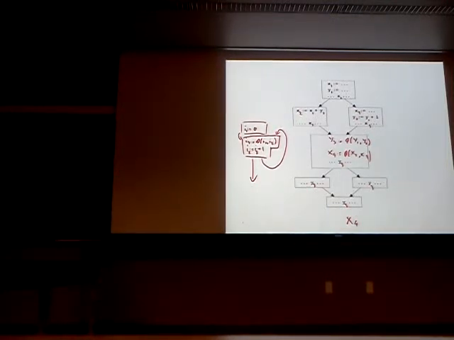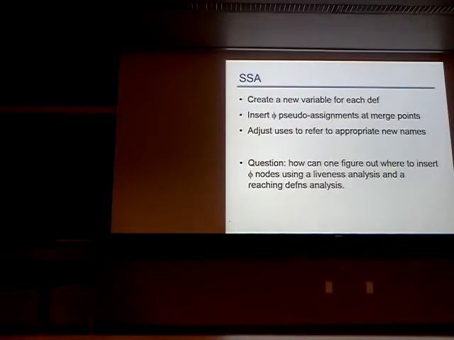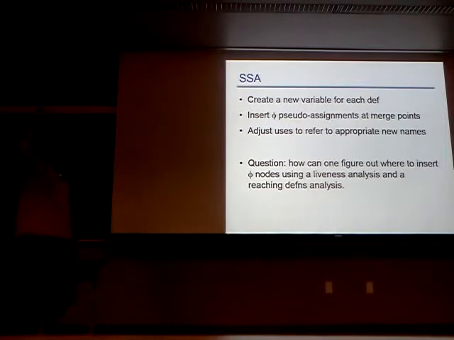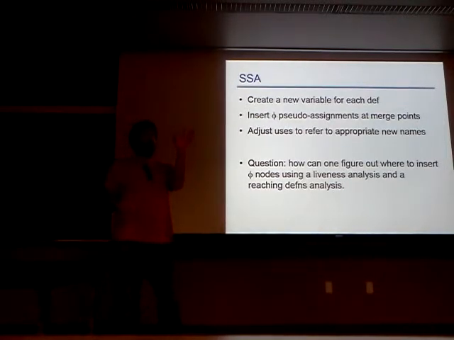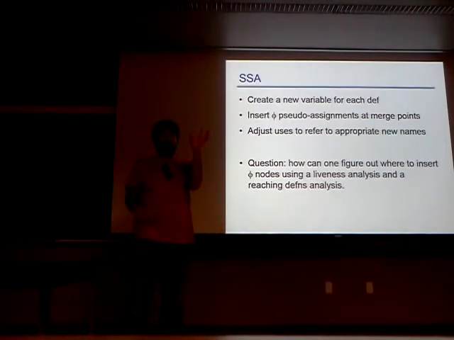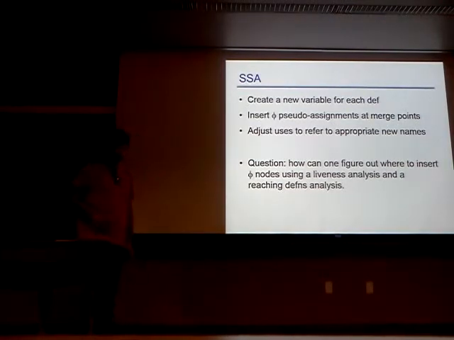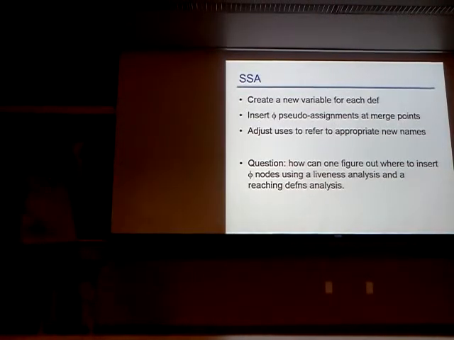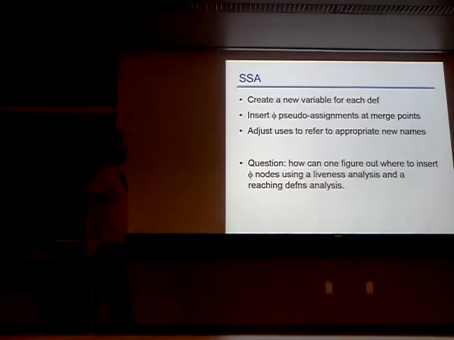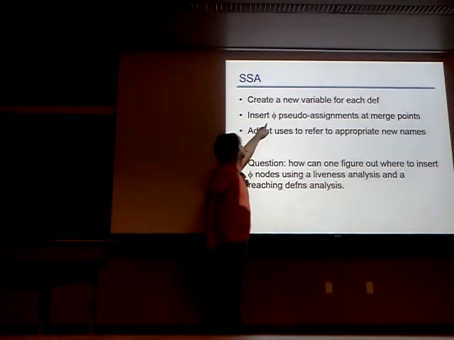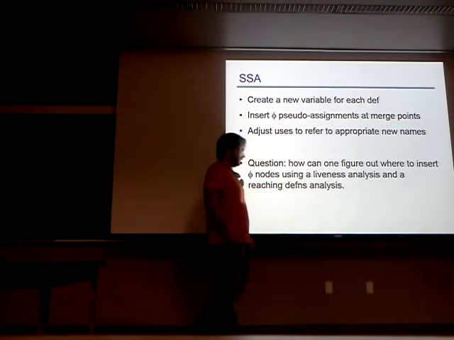So we create a new variable for each definition. We go through the program, and for every single assignment that we see, we rename the variable, to make sure that every assignment has only one variable. And then, once we do this, we have to insert the phi nodes at merge points.